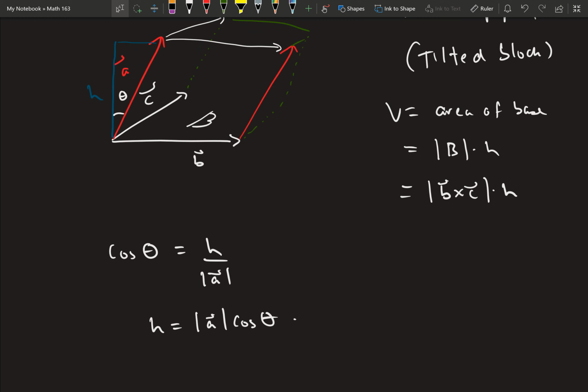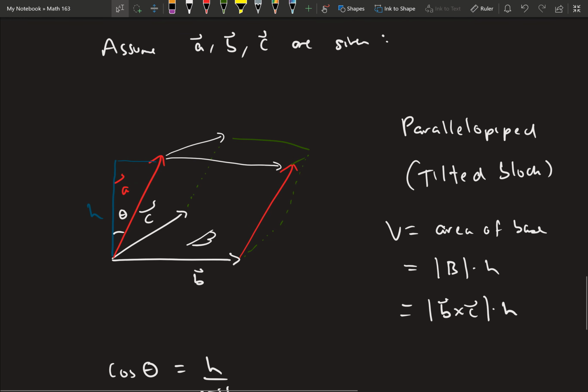Now what is this theta? Notice that, and let me use green for this, the cross product of B and C, you can see this visually, is a multiple of, or lies in the direction of H, let's put it that way.